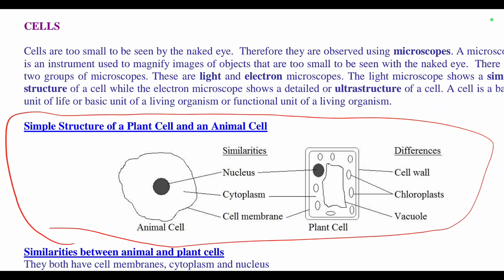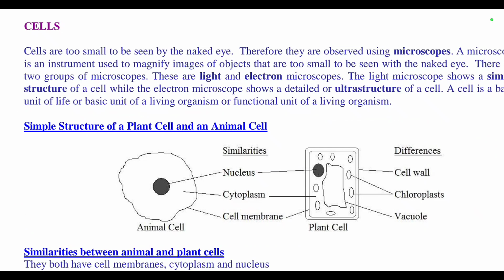A cell is a basic unit of a living organism, or a functional unit of a living organism. When you view a cell using a light microscope, these are the parts that are seen.